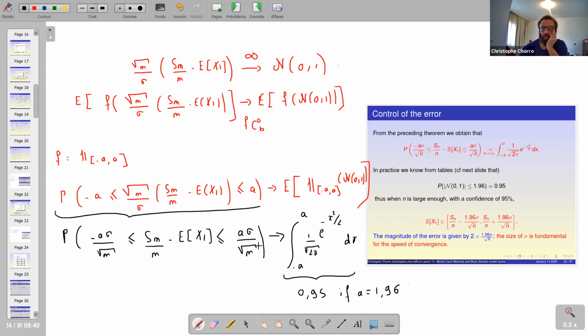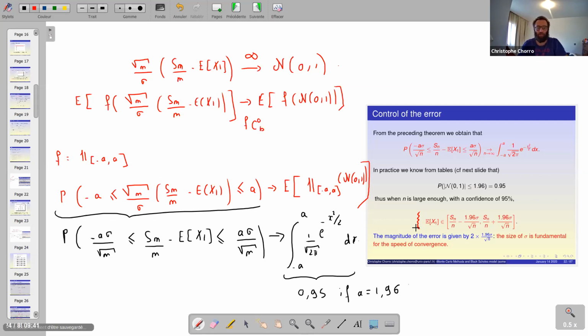And so in this situation, for large n, this probability is near 95%. And so I can build this confidence interval with a confidence of 95%.